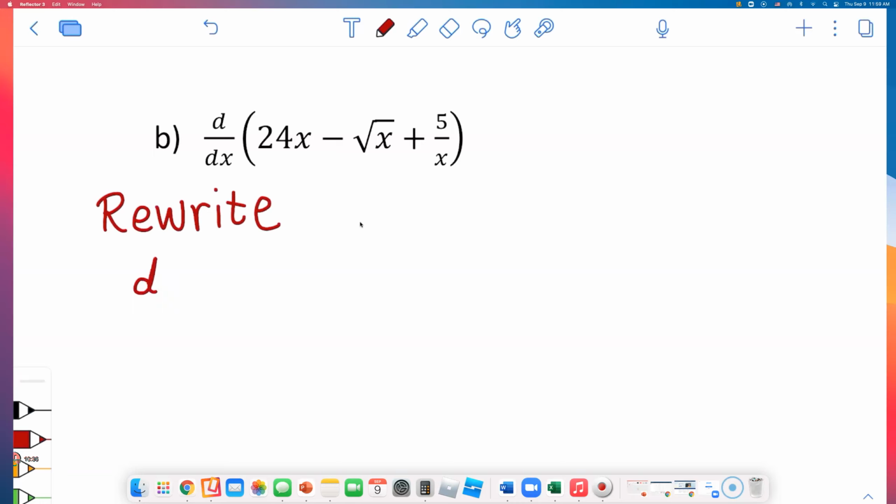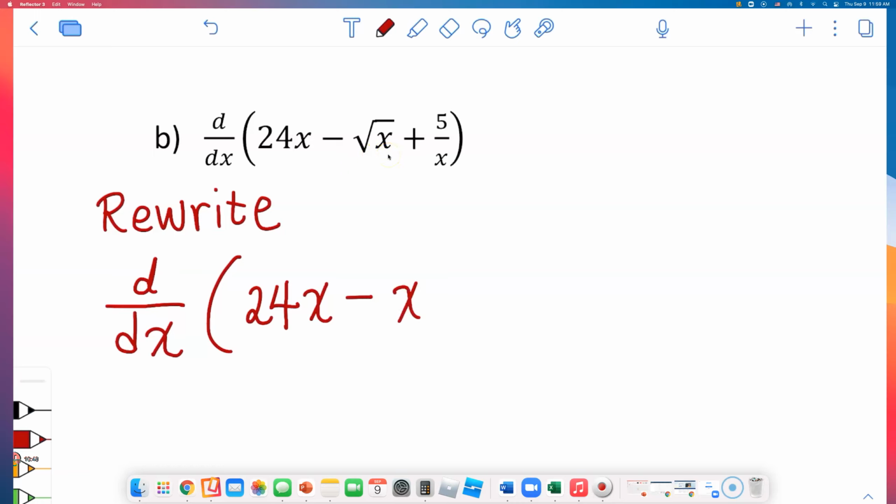So I'm finding the derivative of 24x minus square root of x, which is x to the 1/2 power, right? So we rewrote that one first, and then plus 5, but you notice x is in the bottom of the fraction.